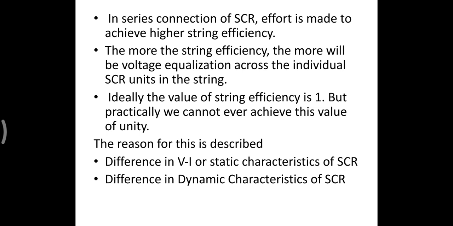The higher the string efficiency, the more voltage equalization there is across the individual SCRs. That means if the string efficiency is high, the voltage distribution across each SCR is the same. Ideally the maximum string efficiency is 1, but practically we are not able to achieve 1.